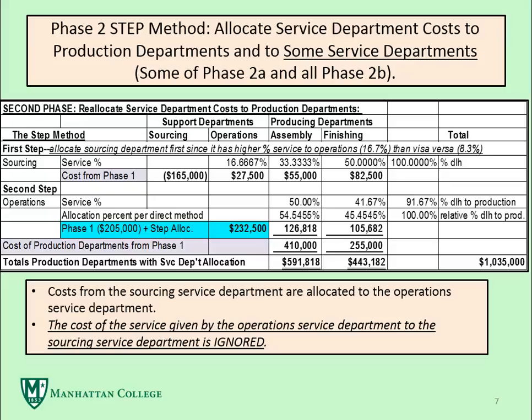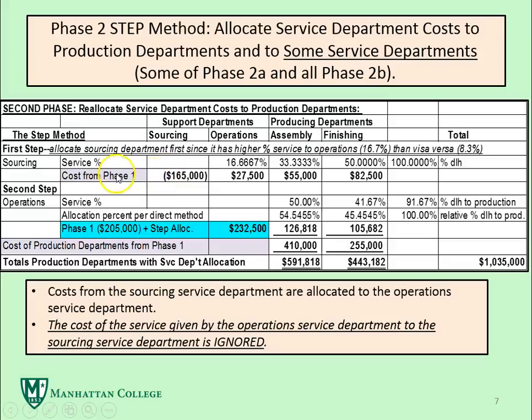Also, the operations department spends only about 8.3% of its time helping the sourcing department. Usually we start with the department with the highest allocation. 17% beats 8%. So we allocate the sourcing department first since it has a higher percentage of service costs to operations.